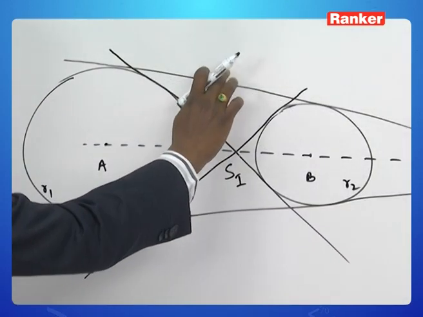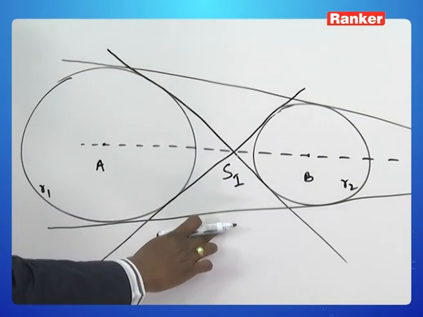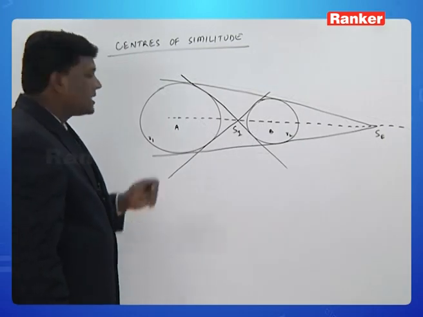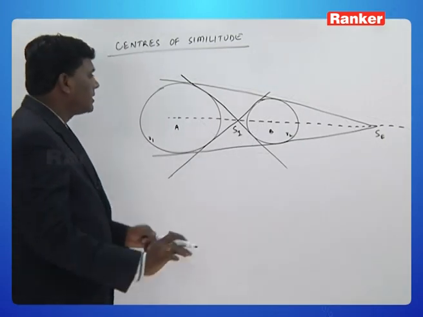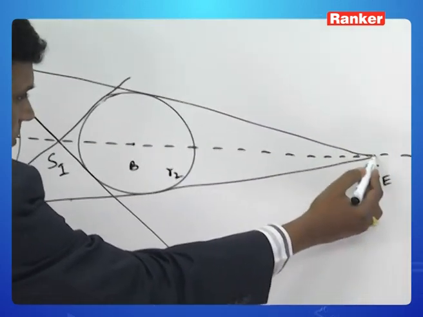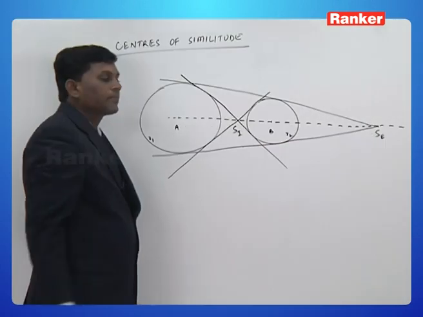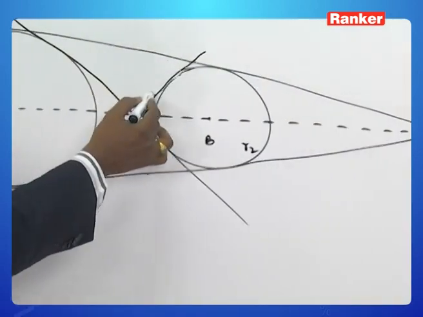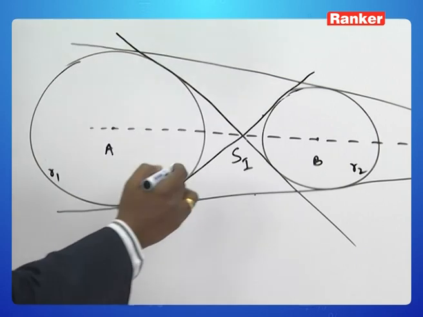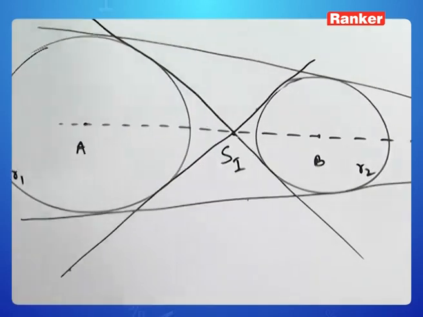We are able to draw two direct common tangents and two transverse common tangents. We can see in the diagram very clearly that both the direct common tangents are intersecting at a point SE and the internal tangents, the transverse common tangents, are intersecting at a point which is taken as SI.